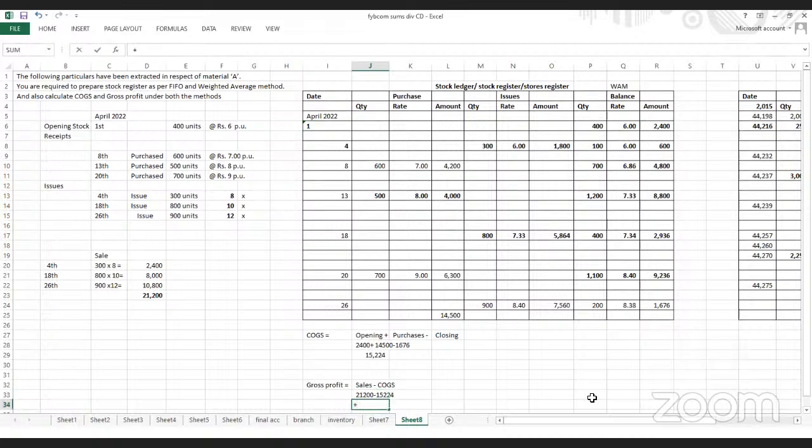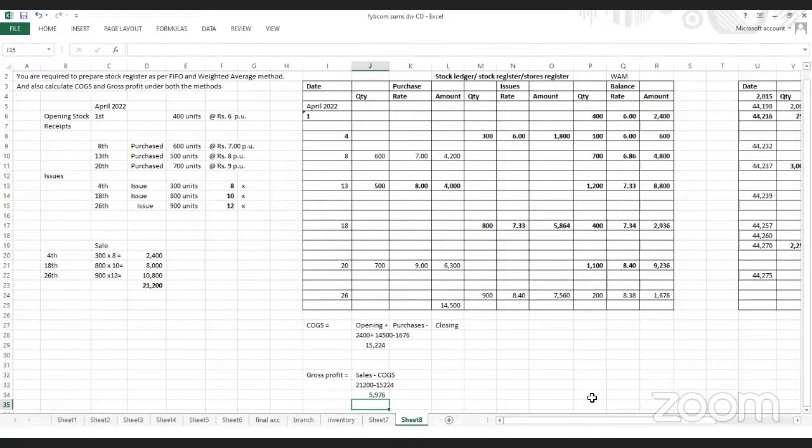So my GP will be 21,200 minus 15,224, 5976. Clear, students?